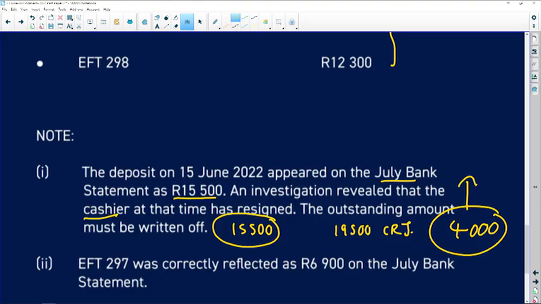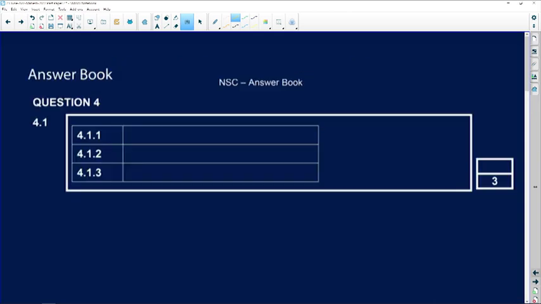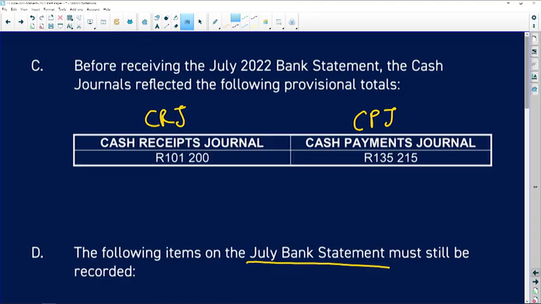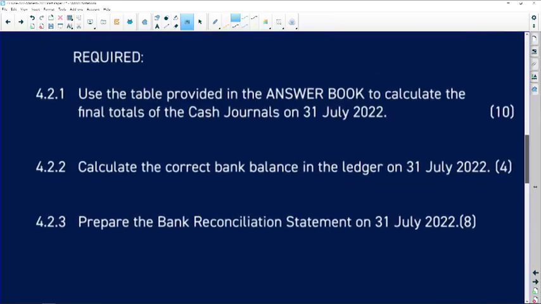Remember, we now need to remove this from our CRJ, which means we need to make an entry in the CPJ. So let's do that. Let's go to the cash payments journal, and let's now record this amount of 4,000 in the CPJ. Okay, right, that's completed.